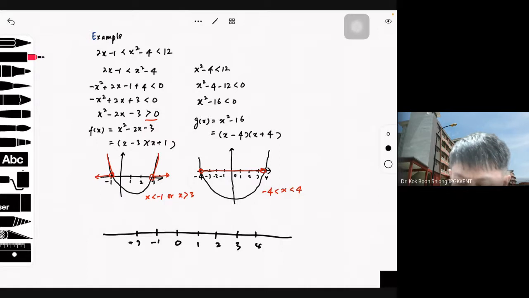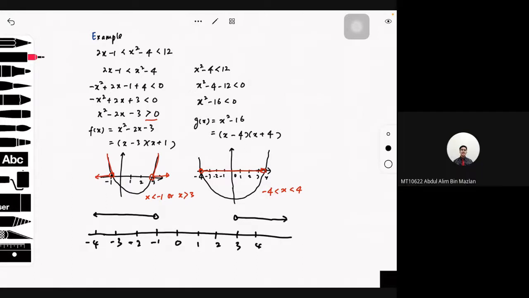For the first one, we have smaller than negative 1, and another side larger than 3.